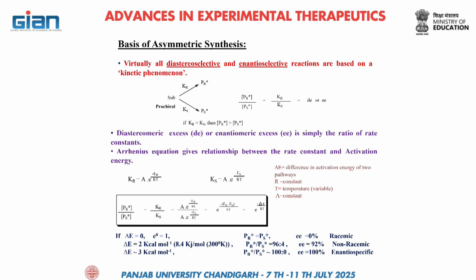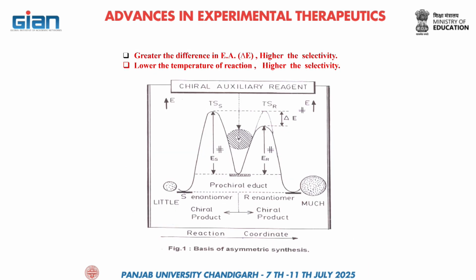But if there is a difference in the activation energy of one enantiomer and the other, then you can provide the energy for that. Okay. So if we are seeing this graph, the greater the difference in energy, the higher the selectivity, because you want to prepare enantiomer selective or enantiomer specific product.